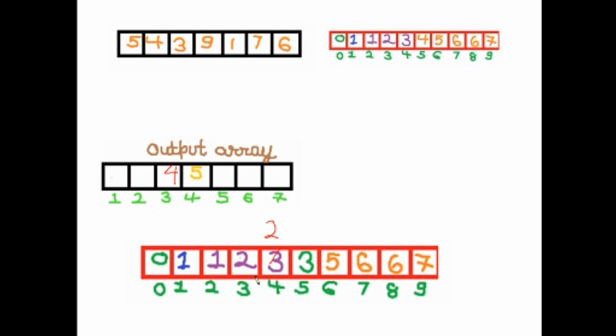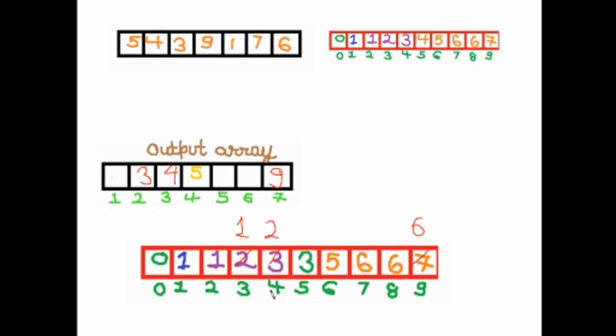So at the third index we have 2, which says to store 3 at the second position in the output array, and we'll decrement it by 1. Next is 9. We have 7 in it, so store 9 here and decrement its counter by 1.